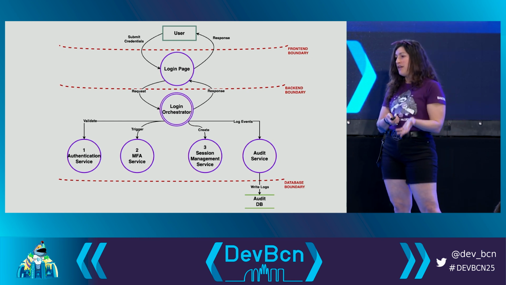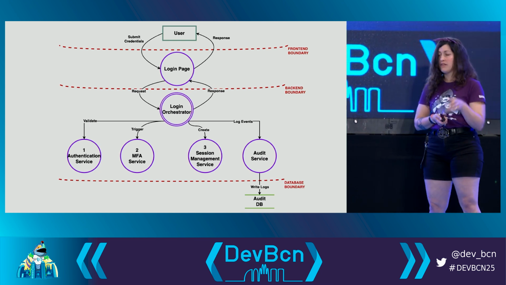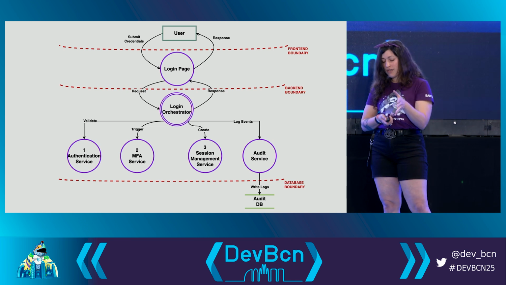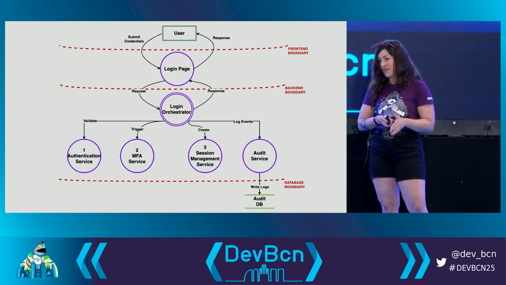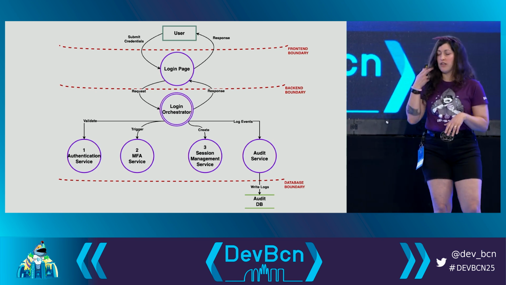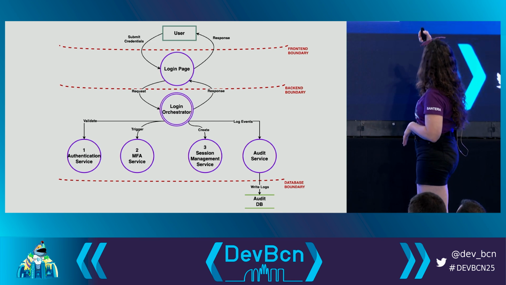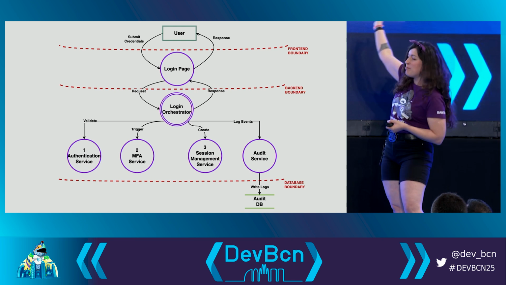You will have the multi-factor authentication service, and then you are going to have the session management service once you get in. And of course, the audit service is always present, because you are going to log everything in your application. OK, so the red lines here, I don't know if this works. No, nothing. The red lines over there are the boundaries.